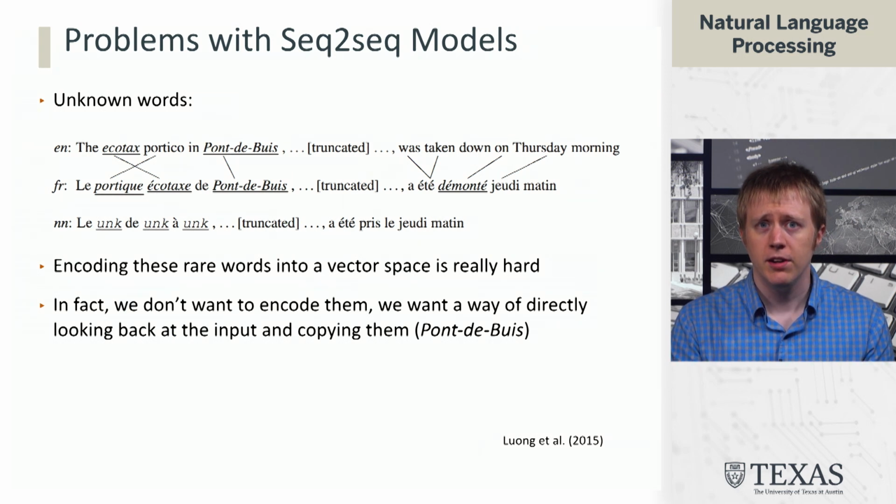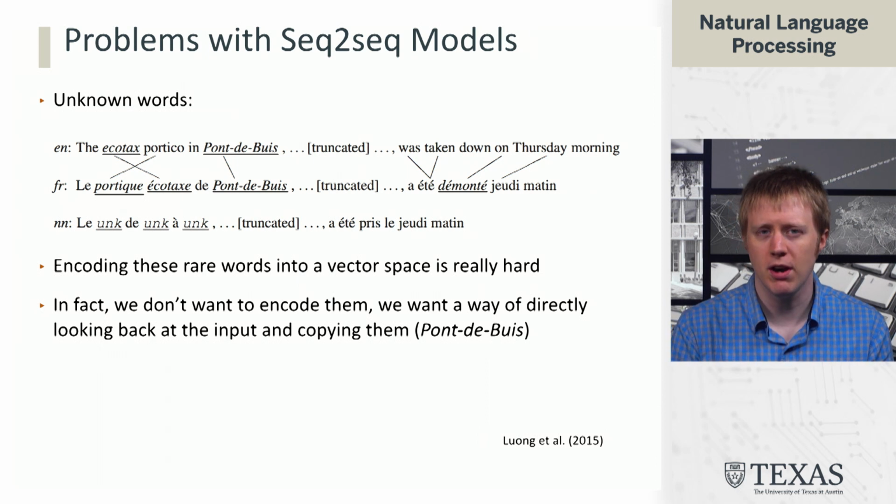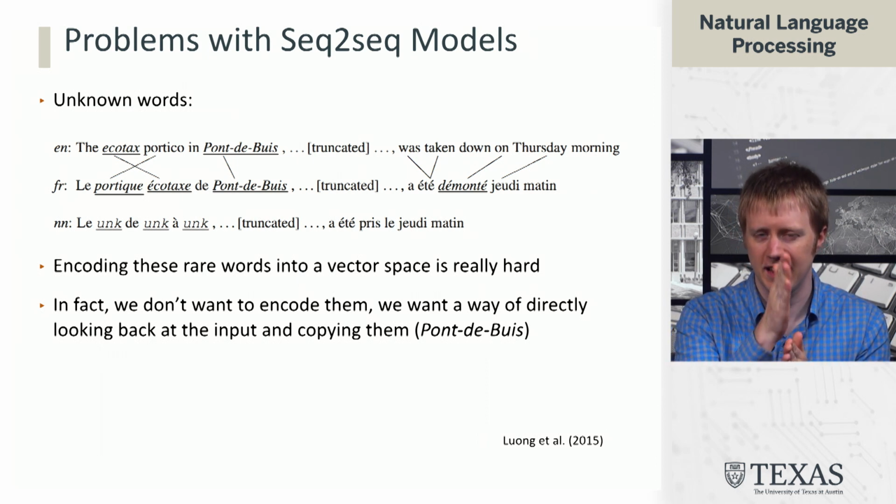All right, so the final problem I'll bring up is unknown words. If we have words in our input like ecotax, pont de buis, etc., these are often pretty hard to encode correctly into a vector space. Now, if they're straight up unknown, we just have no embedding for them. And even if we do have an embedding, if they're a rare word, it might not get put into the hidden and cell state vector correctly.